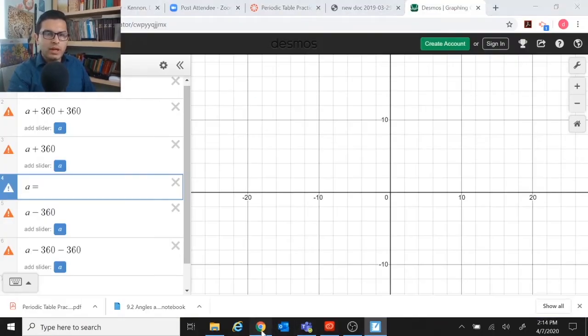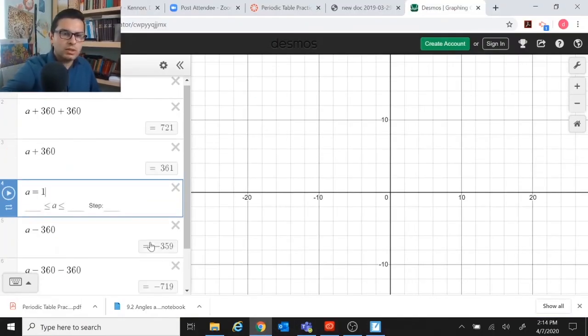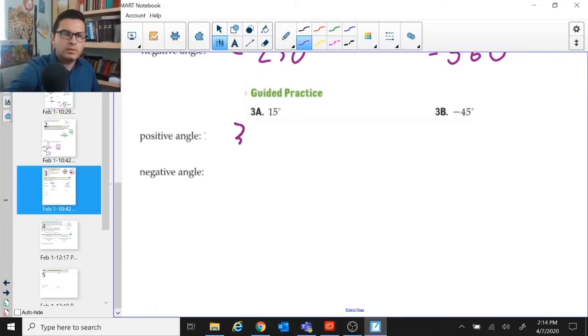So if we type in our angle of 15 degrees, then it's automatically going to give us the two coterminal angles above it and the two below it. So I'm just going to use 375 and negative 345 degrees. Make sure that you put that degree mark there.